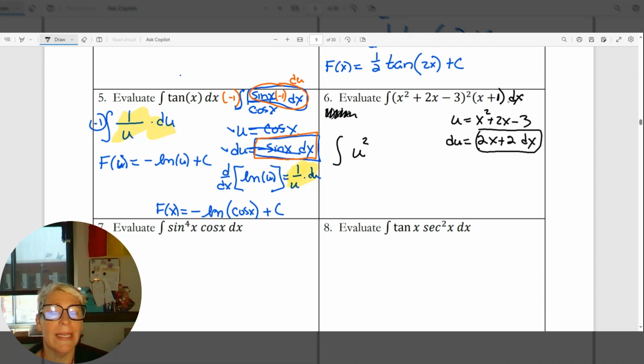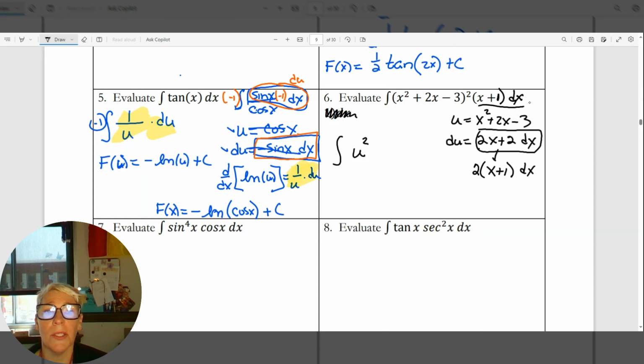Well, I don't exactly have that, but maybe I've noticed I have a GCF of 2 here. If I factor out the 2, I'm left with x plus 1 dx.